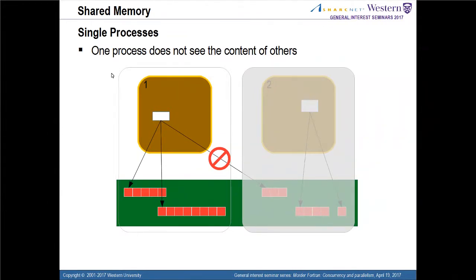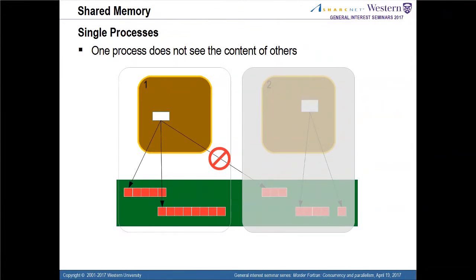There's an entity called process. There's a process 1 and process 2. Process 1 is running on, say, for instance, CPU 1, and process 2 is running on CPU or core 2. They normally cannot talk to each other. And process 1 cannot access the content on process 2.